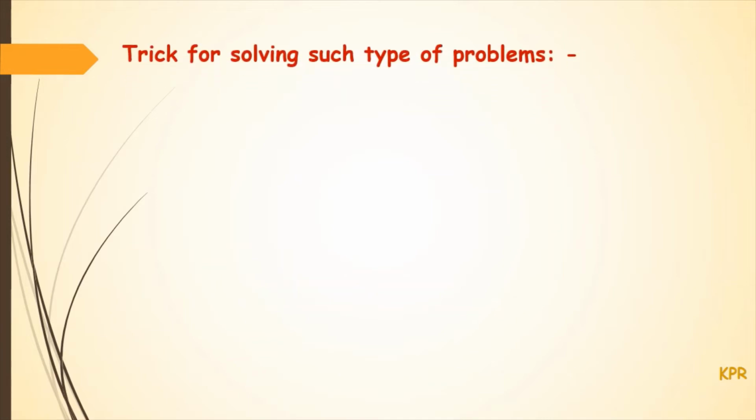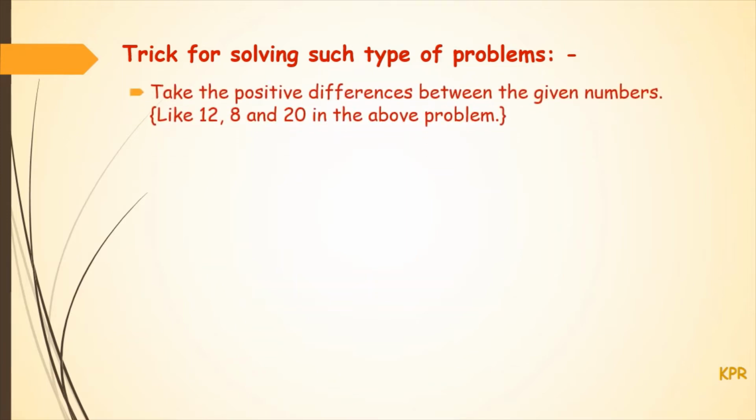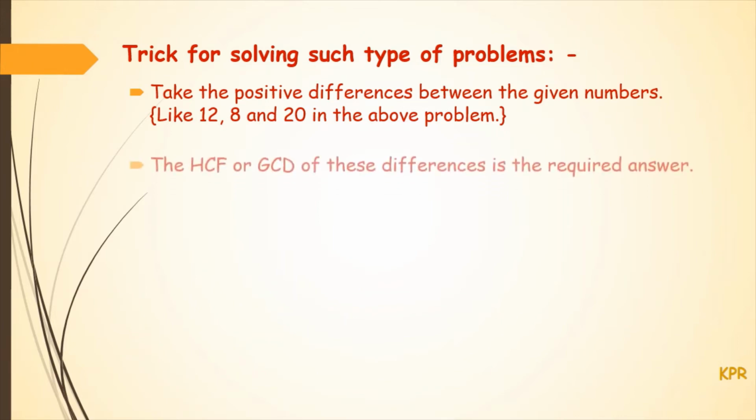From the solution which we have seen just now, we come across the following trick for solving such problems. Step 1. Take the positive differences between the given numbers, like 12, 8 and 20, which we have taken in the above problem.